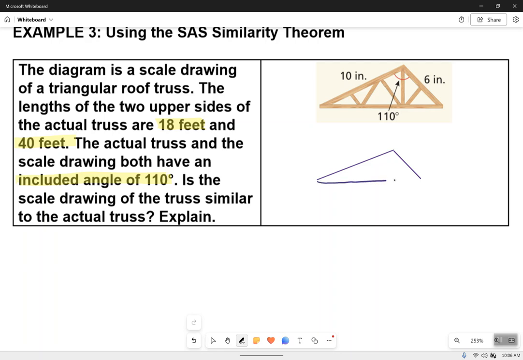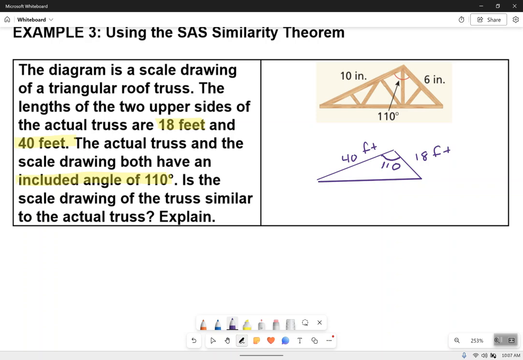Okay, and here's the actual one that they're telling us about. They're telling you that they actually have a distance of 40 feet and 18 feet, and the angle is still how many degrees? Okay, first of all, kids, the illustration and the triangle I drew, do the sides that are labeled make up the 110-degree angle on both of those?